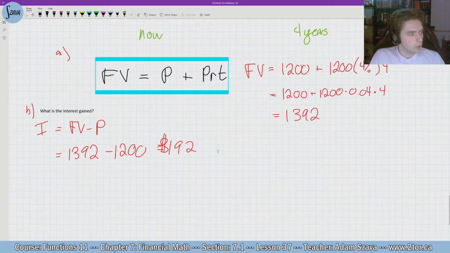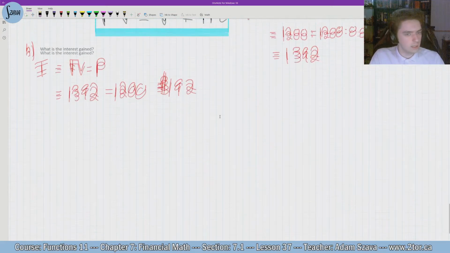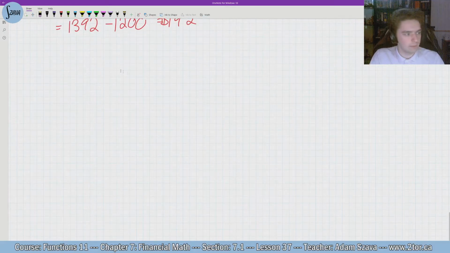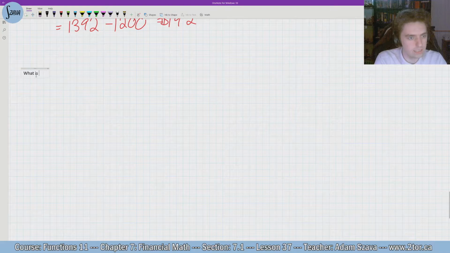Okay, so let's take a look at another example that I have written here. So it's going to be somewhat similar. What is the future value of some amount of money? I don't know, $1,560, right? If it is, and I'm going to put in quotes here, invested at, I don't know, let's just say 0.5%.